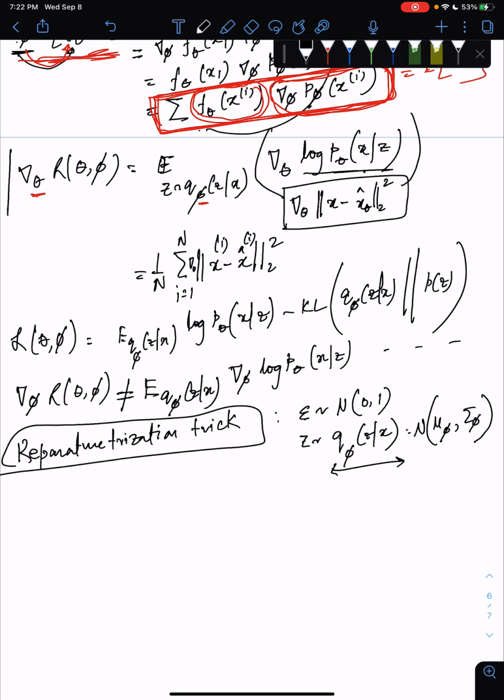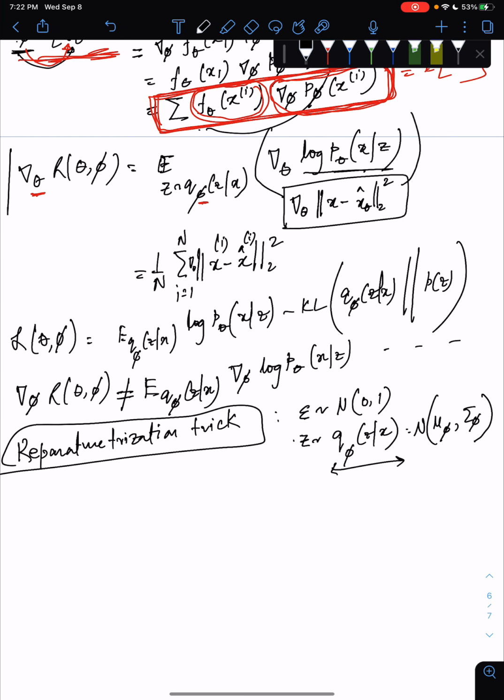So I can express my z in terms of my epsilon.